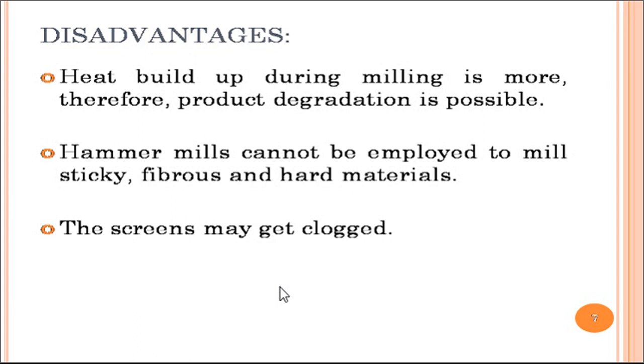If the cake is important for us, we can make that cake into a suitable size, go for drying, and collect the powder. So these are the usual working principle, construction, advantages, drawbacks and uses of the hammer mill in pharmaceutical formulation and production.